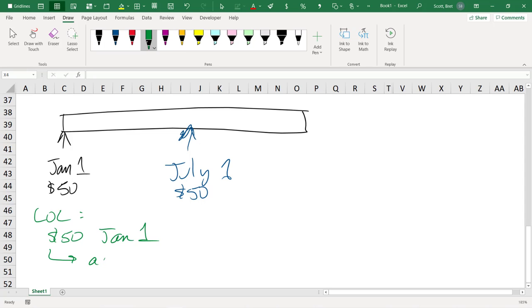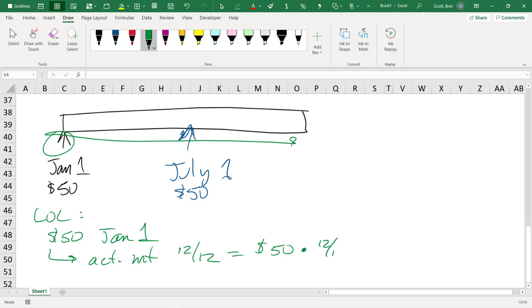That's going to result in actual interest on that amount outstanding for the full 12/12ths of the year. So 50 times 12 over 12 times, let's say it's a 12% loan. That means my actual interest in this case would be how much?